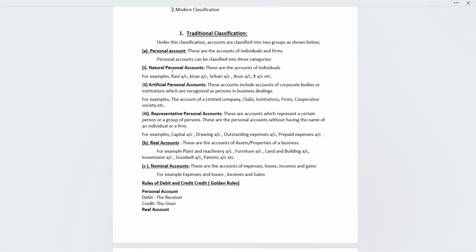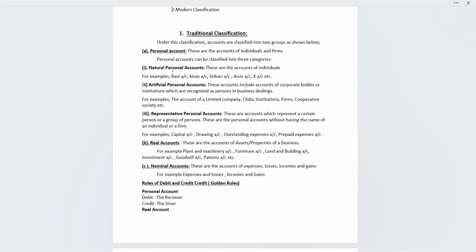Natural personal account means these accounts are of individuals, human beings. I am a human being, my name is Sri Hari. Suppose Ravi account, Kiran account, these are all individual names, human beings' names. All these names come under the natural personal account.